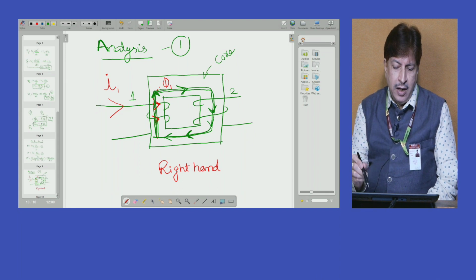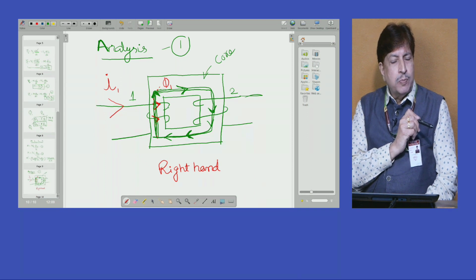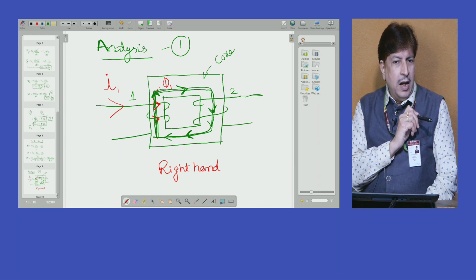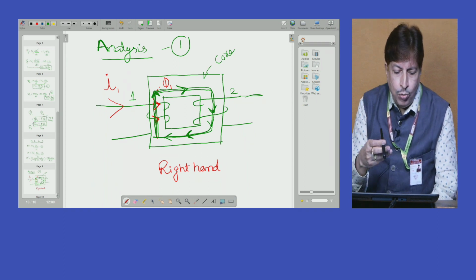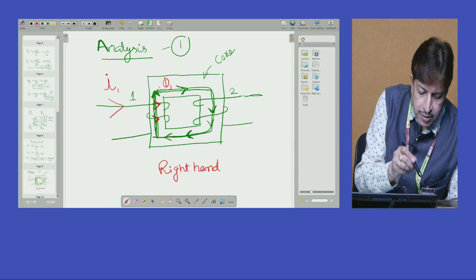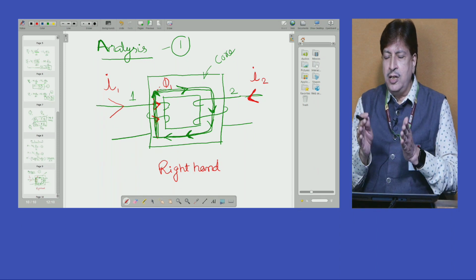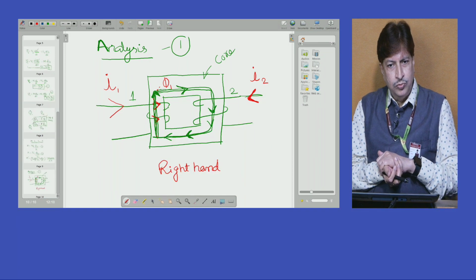Imagine this particular flux. In the other coil, a current of I2 amperes is sent by me separately in coil number 2.